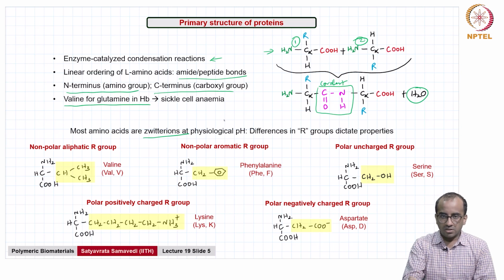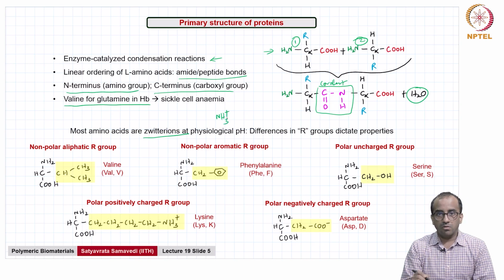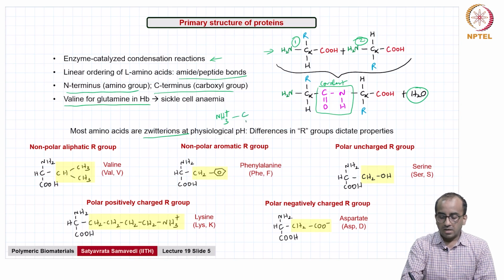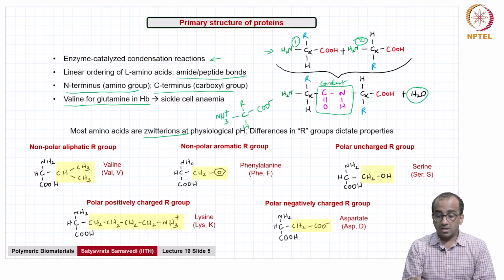And for an amino acid, it is not very hard to imagine that the NH2 can get protonated. It is a good proton acceptor, so it can become NH3 plus, and then if you have the hydrogen here and the R group here, likewise the carboxylic acid can donate the proton and become deprotonated to become COO minus.